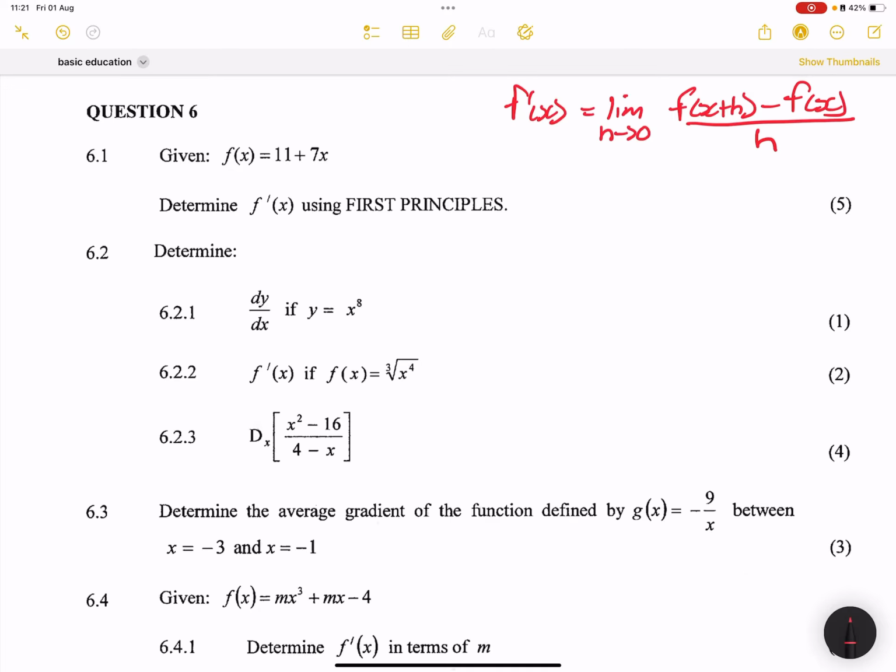Sometimes it might help you to work out f of x plus h first. It means you're substituting x plus h everywhere we've got x, so we've got 11 plus 7 into x plus h.